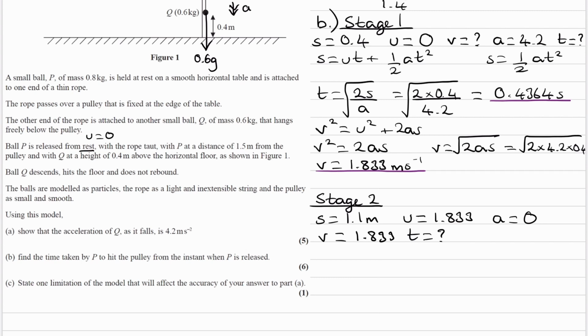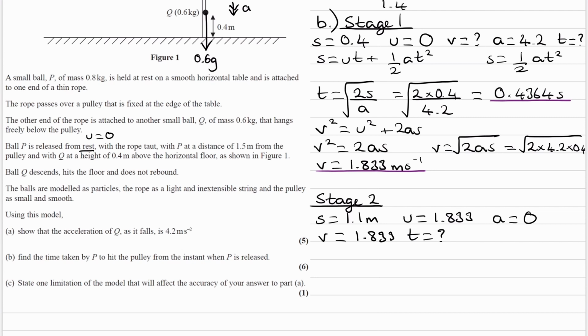Whenever acceleration is 0, all of the SUVAT equations just boil down to 2. One of them would be the initial speed is the final speed, which should make sense. And the other equation is that speed is equal to distance over time. So whenever this is the case, and you'll see this in projectiles in year 2 as well, whenever the acceleration is 0, the only equation that you use is speed is equal to distance over time.